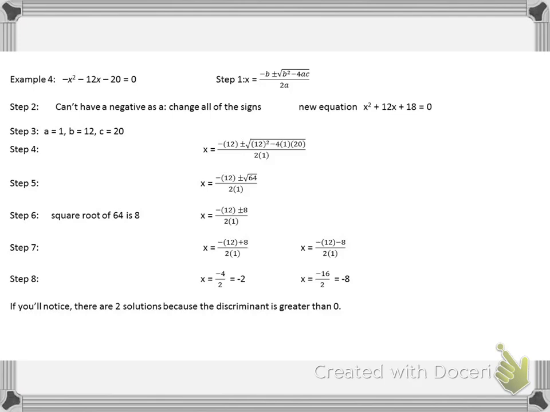Example 4. Look at this. We have a negative in front of x squared. It's not negative ax squared plus bx plus c equals 0. It is ax squared. A has to be positive. Okay? Well, one of the ways we can change it is to divide out a -1.